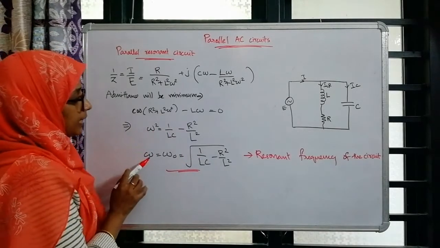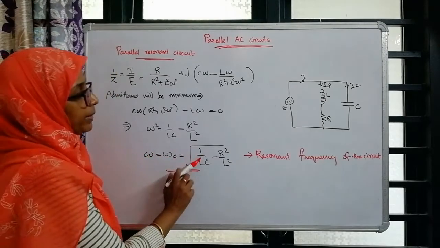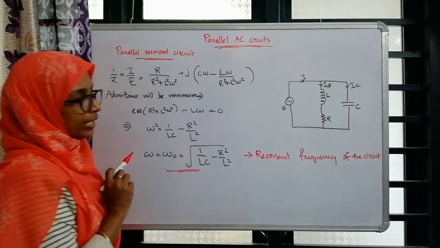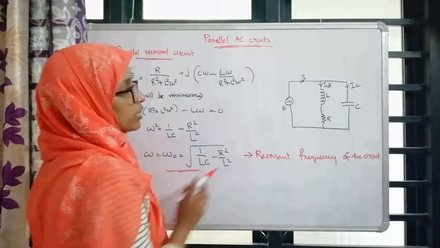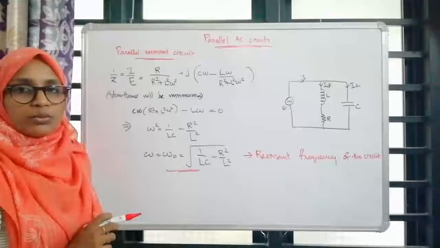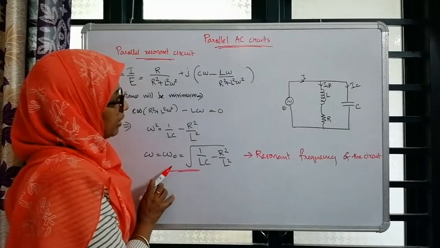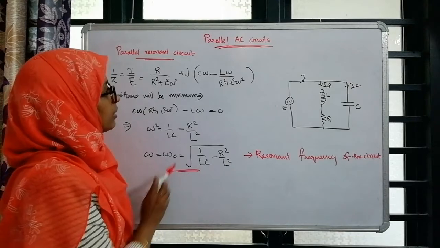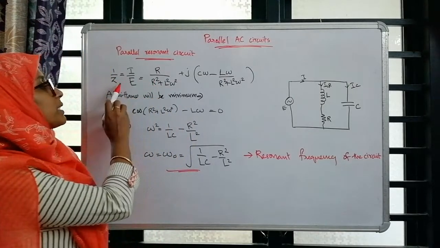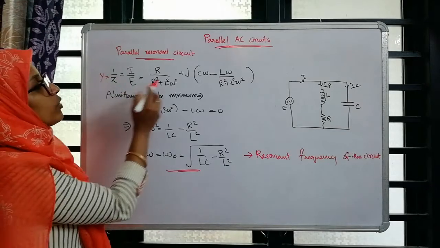From this, omega is equal to omega 0, that is root of 1 by LC minus R square by L square, which is the resonant frequency of the circuit, that is the parallel resonance circuit. In this circuit, we can obtain the same in another alternate method. This is the expression for the admittance, that is Y is equal to 1 by Z is equal to this term.